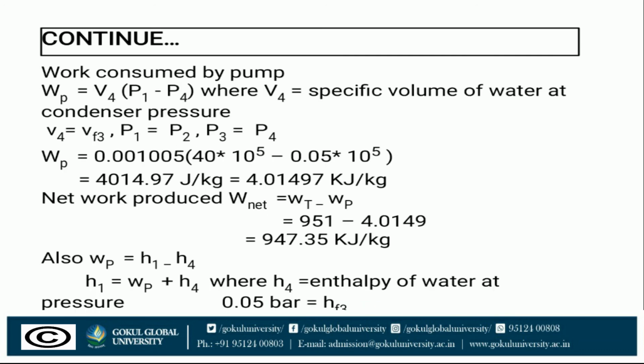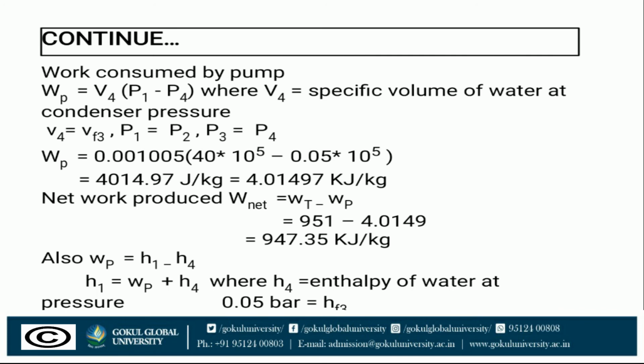Work consumed by the pump is denoted by WP, equal to V4 into P1 minus P4, where V4 is the specific volume of water at condenser pressure. We know that V4 is equal to Vf3, P1 is equal to P2, and P3 is equal to P4.